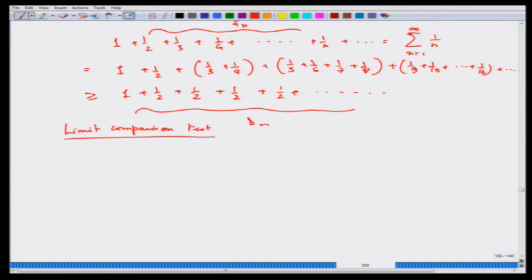Again, it is only for a series of positive terms. If you have limit of An by Bn equal to C as n tends to infinity, and C is strictly bigger than 0, then summation An and summation Bn converge and diverge together.